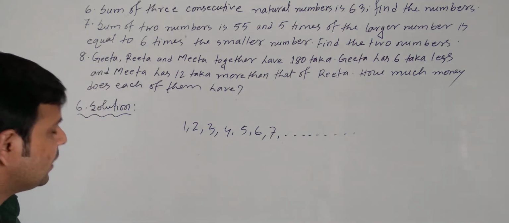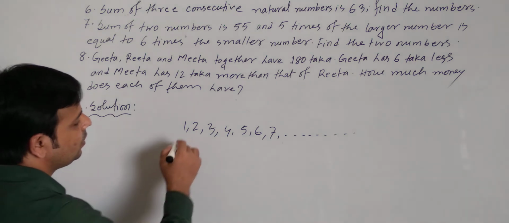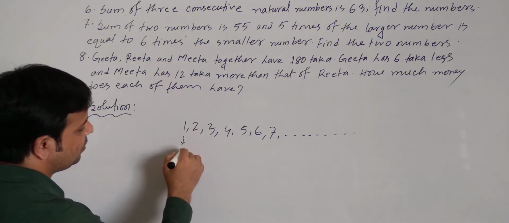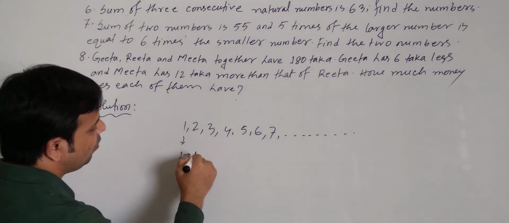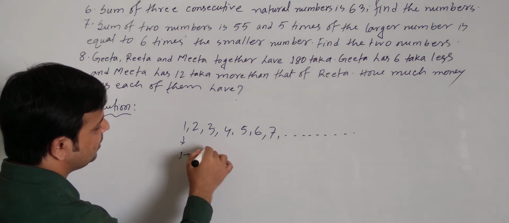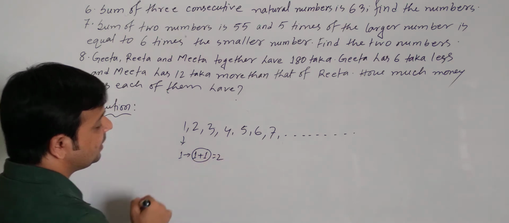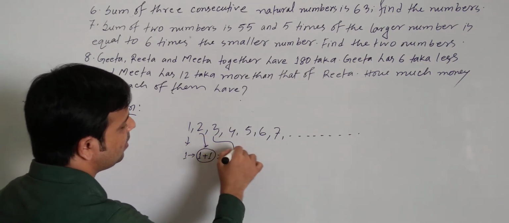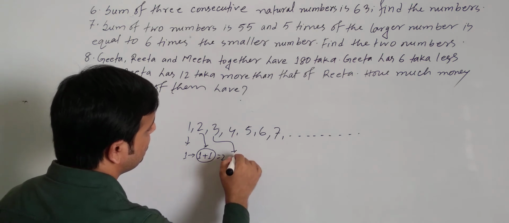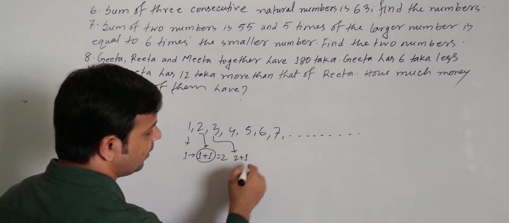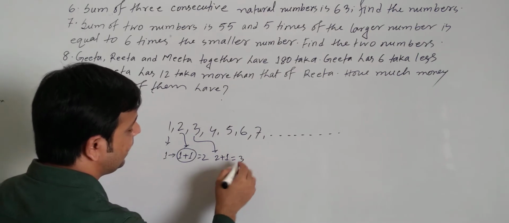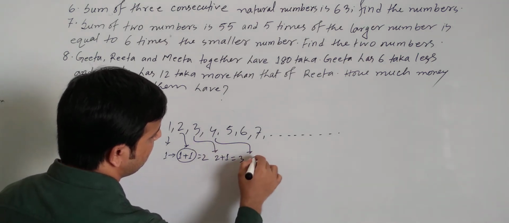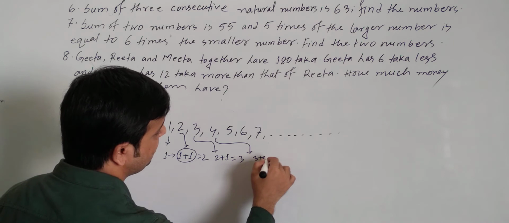Now see, one characteristic of natural numbers is that if the smaller one is 1, the next one will be 1 plus 1, which is 2. It means increasing by 1. Then the next one will be 2 plus 1, that is 3. The next one is 3 plus 1, which means 4.